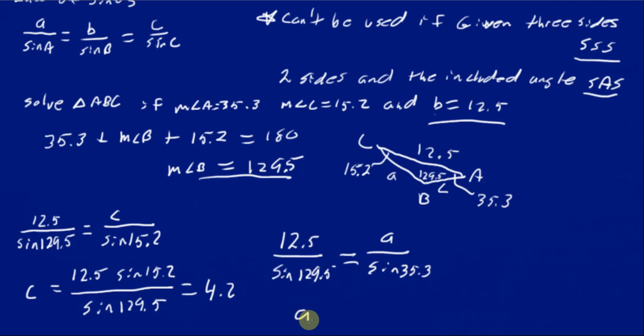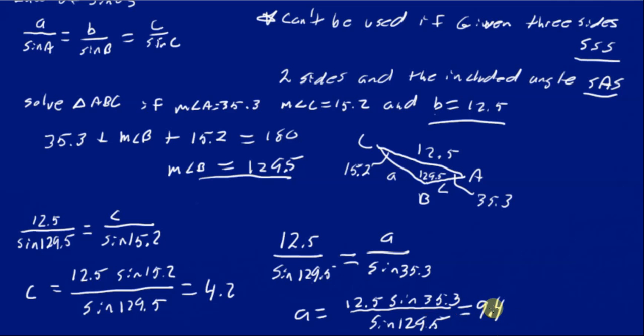And again, just multiplying both sides by the sine of 35.3, we get 12.5 times the sine of 35.3 all over the sine of 129.5. And that is equal to 9.4. And our triangle is solved.